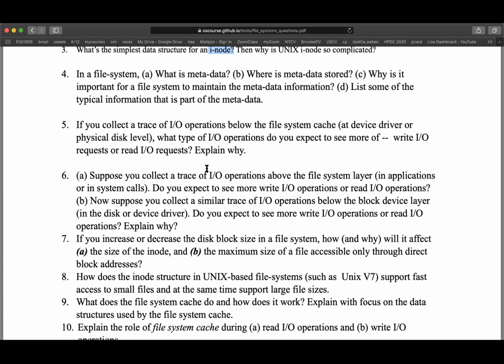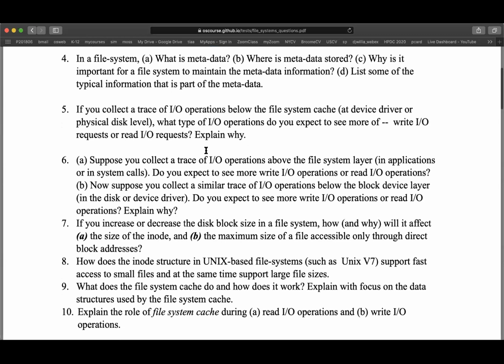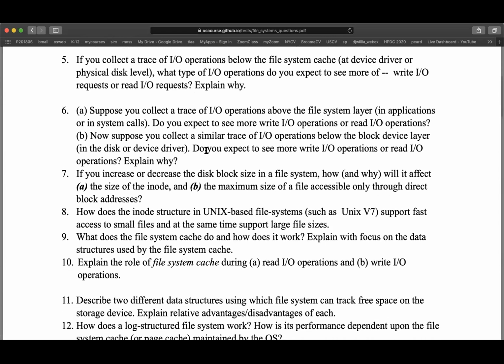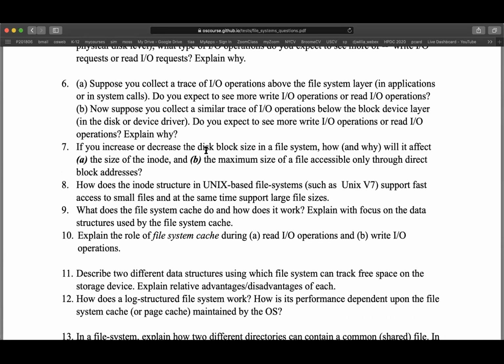Most of the reads get filtered out by the cache, whereas writes make it through the cache, and thus they would end up going down to the disk more. So as a result, disks are often optimized for write operations for improving write I/O throughput. Okay. So we also talked about log structured file system.